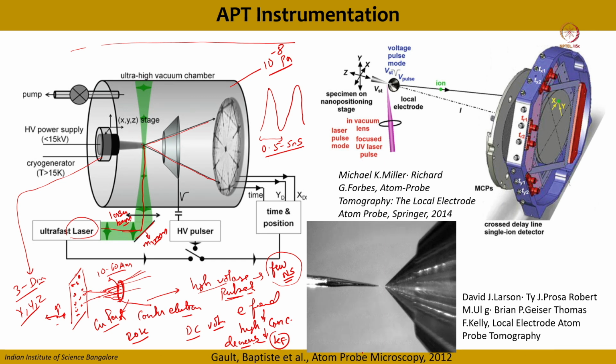Okay, and the laser spot is actually much larger than the radius of the tip, correct? And some of the photons from the laser are absorbed on the tip surface, due to which there will be an increase in the temperature of the tip. So due to the increase in the temperature of the tip, it will assist the field evaporation of the atoms on the tip surface.